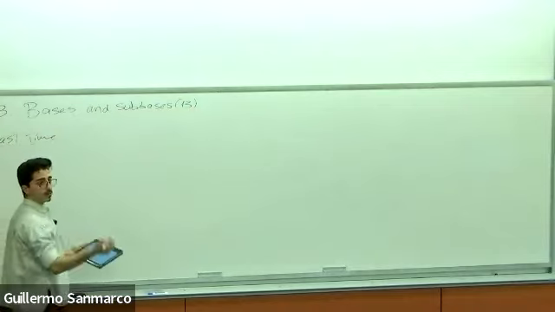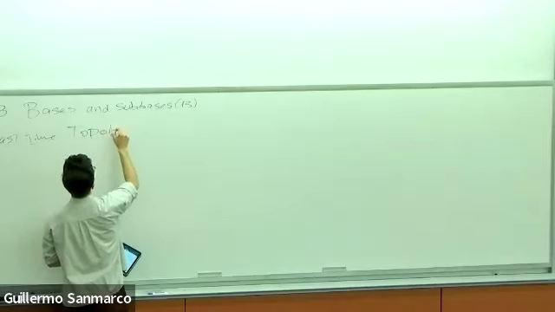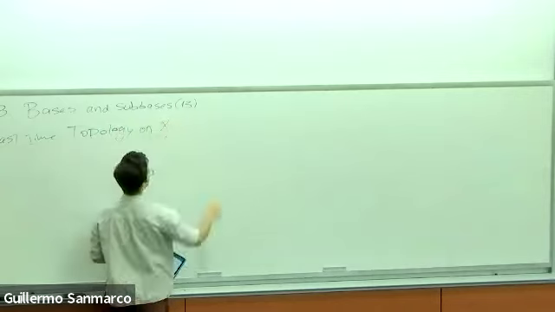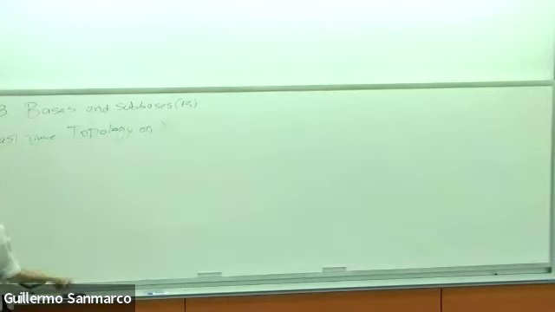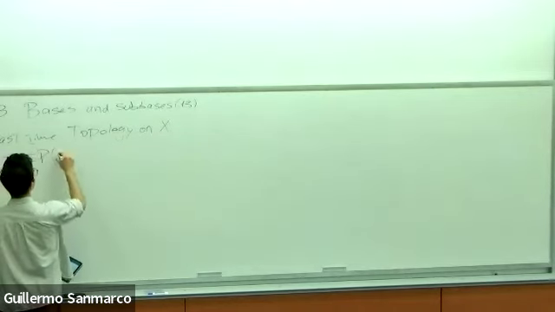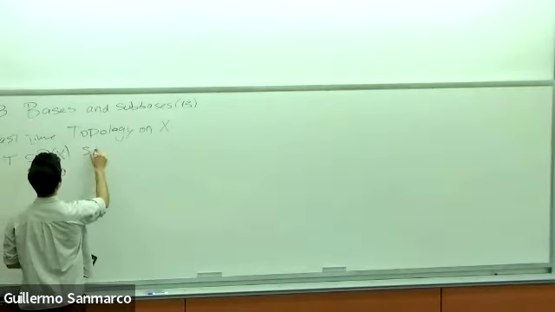What we did last time, essentially, we introduced what a topology is. A topology on a set X is some collection of subsets, and we want three things out of this collection.